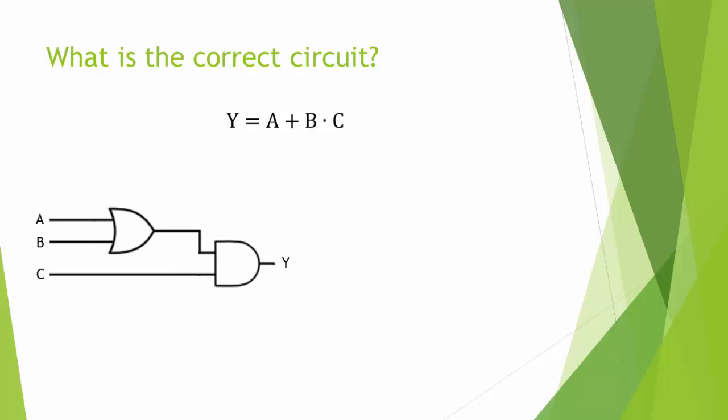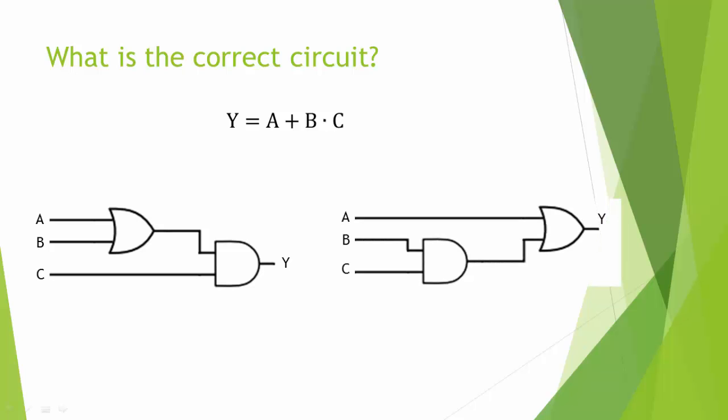Which gate comes first? We can have the OR gate first, or we could have the AND gate first. And you can see that there is an interpretation of our expression that can give us either one of these circuits.